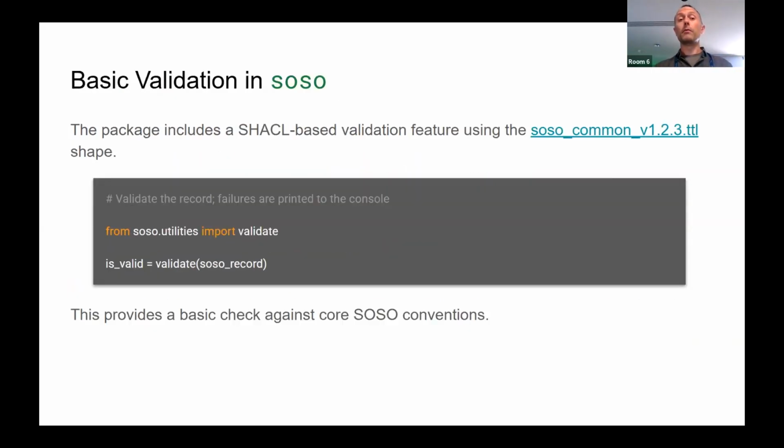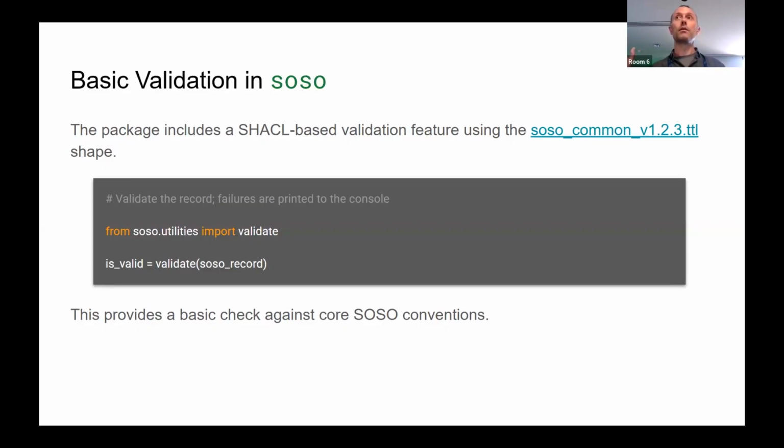So we have some real basic validation in the SOSO package right now. It's currently SHACL-based validation, using the SOSO common version 1.2.3 that Ian is using at Data 1. It's hard-coded into this validate function.